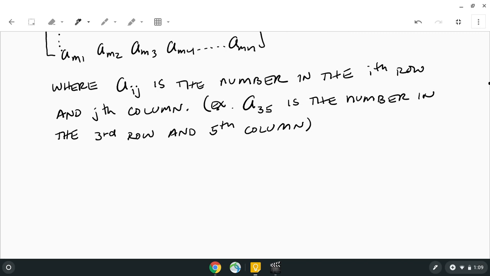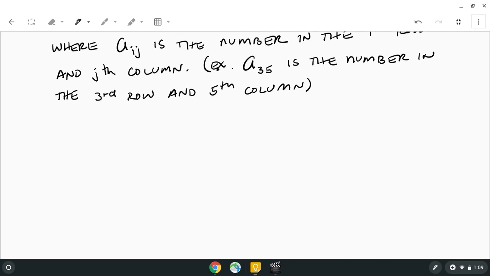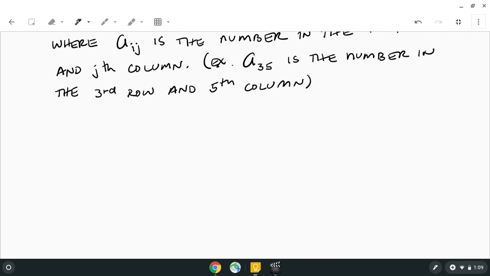So last time we covered systems of equations and we looked at how to solve systems. We looked at substitution method, elimination method, graphing method, and then we looked at Gaussian elimination. So we're doing matrices now because matrices are just another way to solve systems of equations.